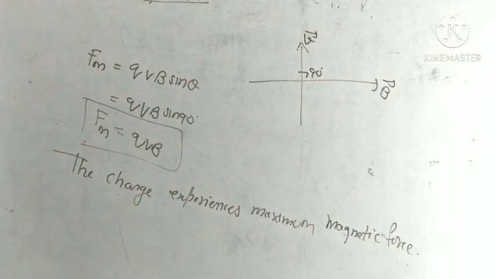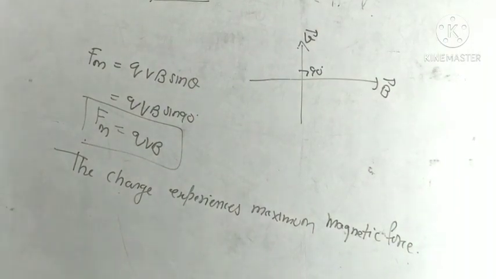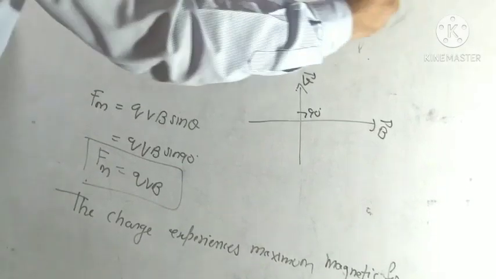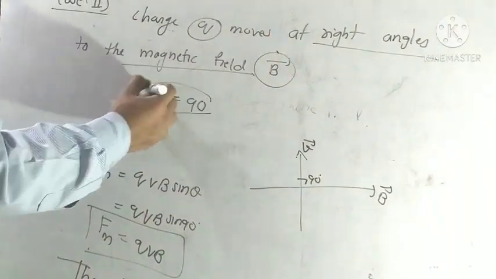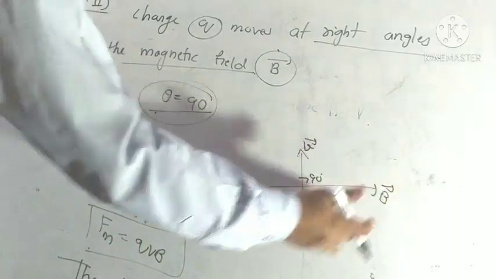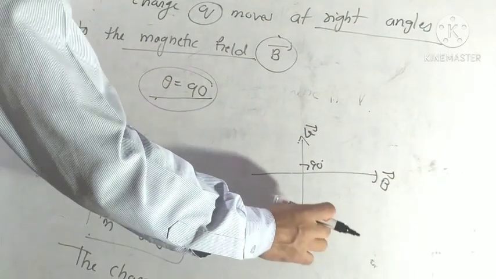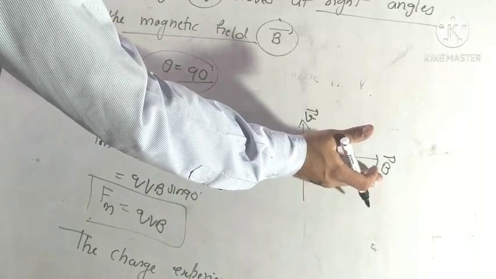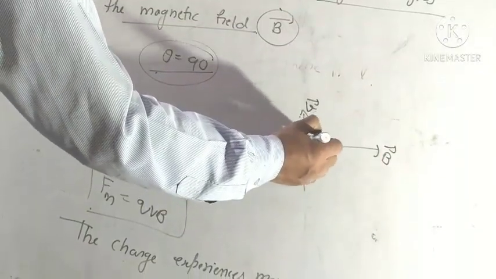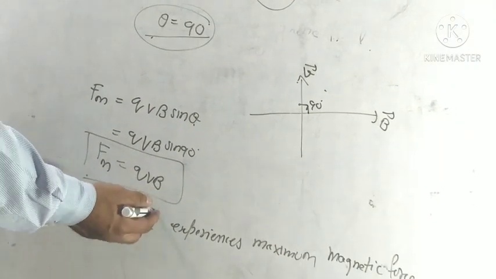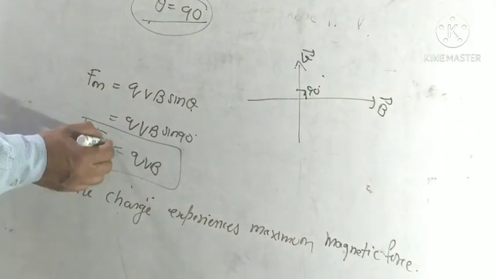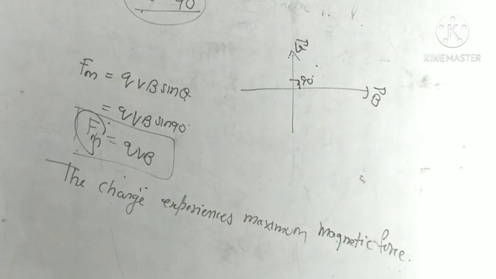Here the charged particle Q moves at a right angle to the magnetic field B, so theta is equal to 90 degrees. This is the direction of the magnetic field, and the charged particle moves perpendicular to it. So we put theta equal to 90 degrees and get the final magnetic force. This charge experiences maximum force.